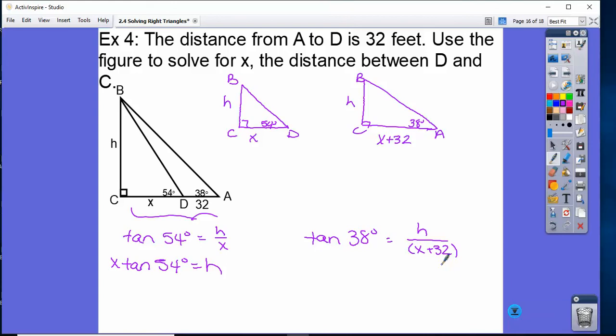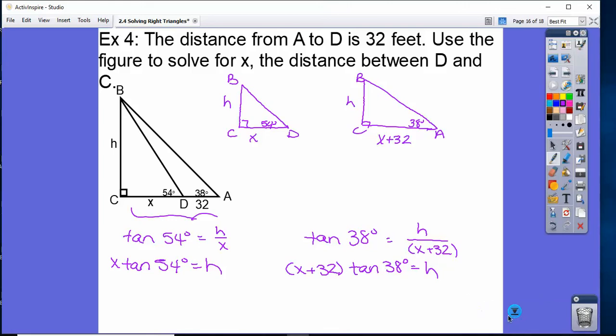I took each of these triangles, and from the angles we had, I just set up the tangent ratio for each of them. If I wanted to get rid of the fraction here, we multiply over the X plus 32. But I'm stuck again, because I don't know H and I don't know X.